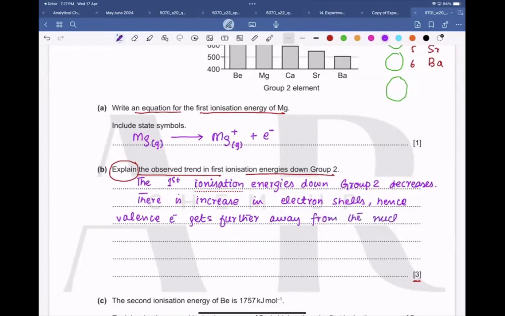So this is the first point which will help me to secure only 1 mark. Now I have to secure next 2 marks as well. So as Khatija said, there is, you know, increase in shielding.